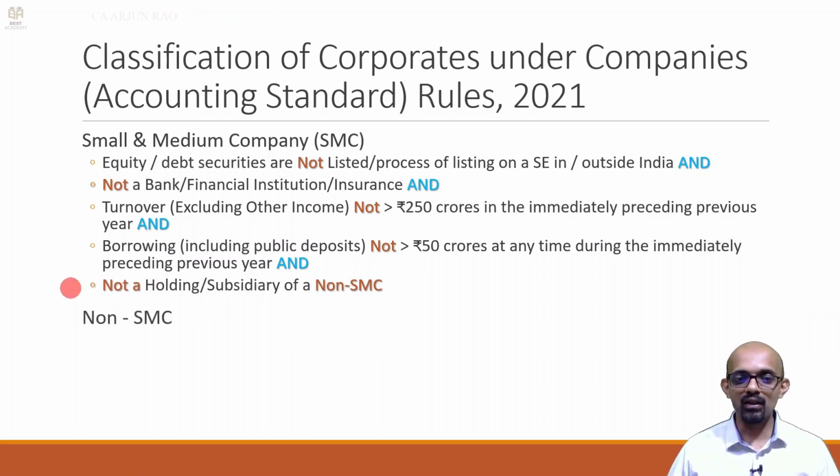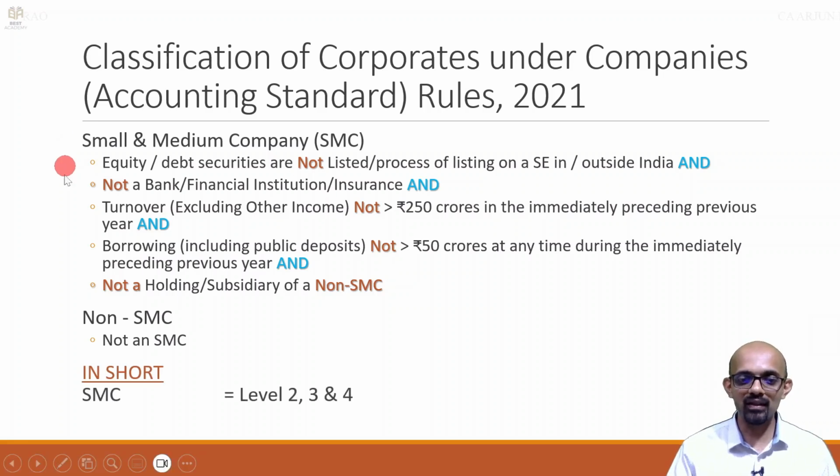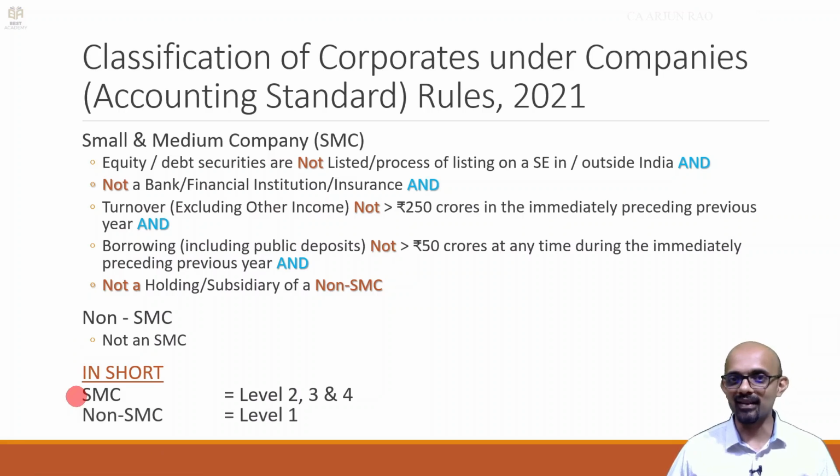And what is a non-SMC? It is simply not an SMC. So a small and medium company is what? It is not level 1. So in short we can say SMC is level 2, 3 and 4. What is non-SMC? It is not an SMC, so that means it is not 2, 3 or 4; it is level 1.